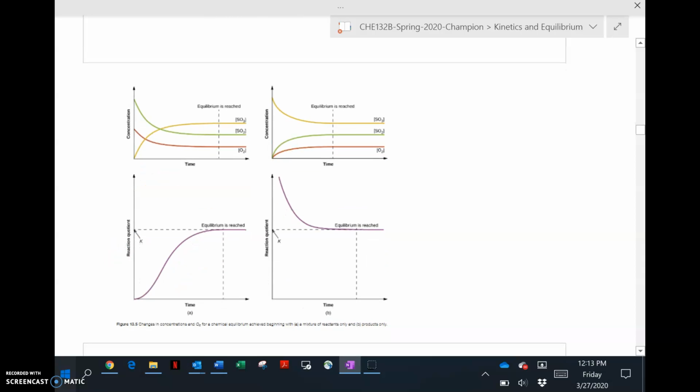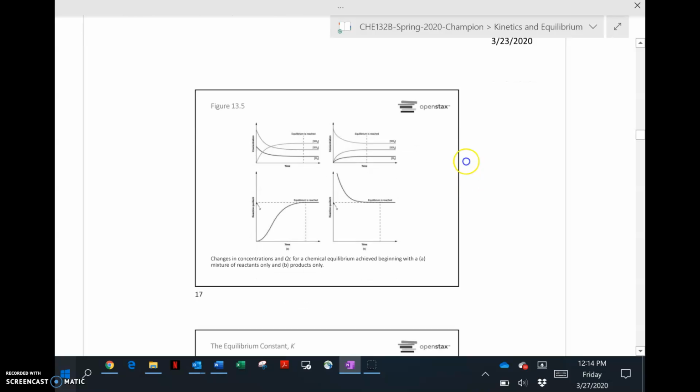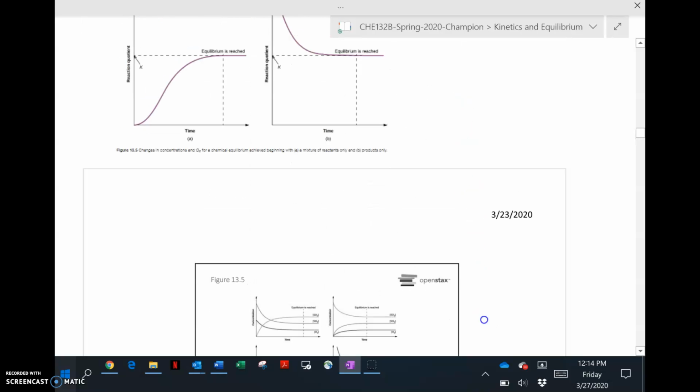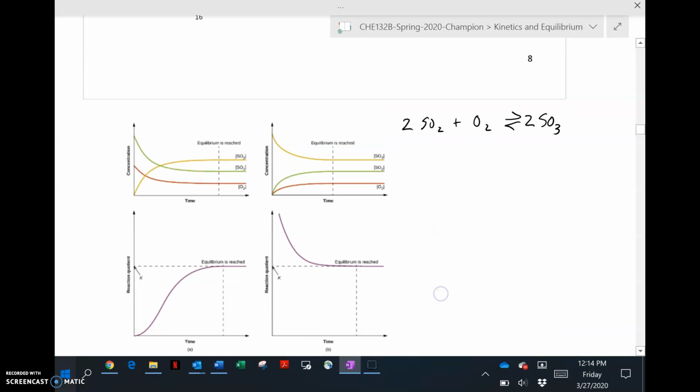So here are some graphs of a reaction. This reaction is 2 SO2 plus O2 in equilibrium with 2 SO3, and I believe that's 2 and 2, and I think this is gas phase. Okay, that's a color version of the slide below.